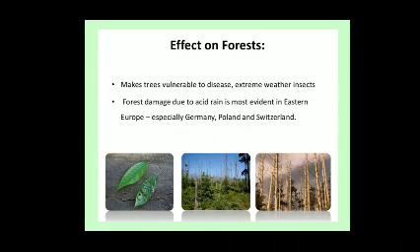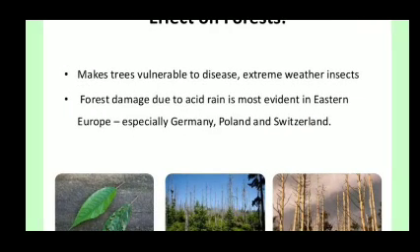Effects on plants. Acid rain makes trees prone to diseases, extreme weather and insects. Forest damage due to acid rain is most evident in Eastern Europe, especially Germany, Poland and Switzerland.